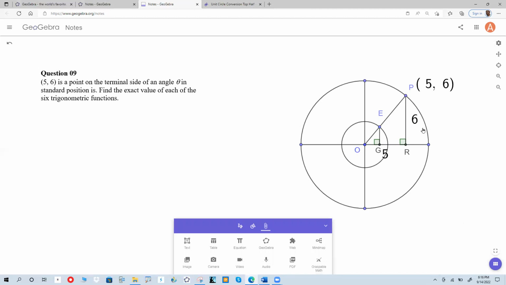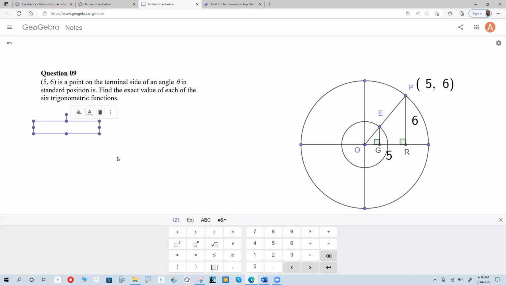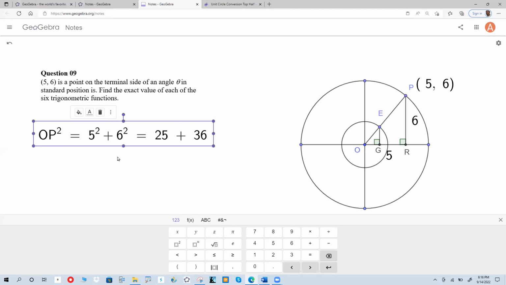Okay, now I need to find OP. All right, how do we find OP? Well, it's not that difficult. I'm going to do some calculation here. OP squared is equal to the sum of the squares of the legs: 5 squared plus 6 squared. 5 squared is 25, 6 squared is 36.